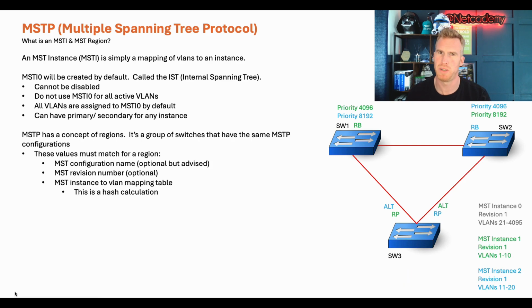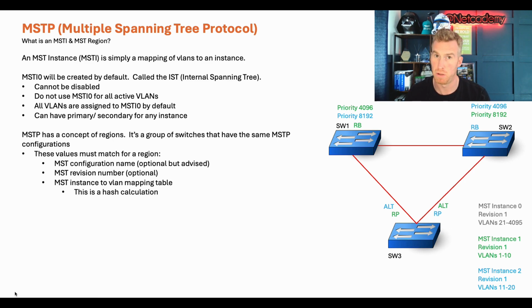But what you also have to understand is that multiple spanning tree has this concept of regions. What is a region? It is simply a group of switches that have the same configuration, i.e. the same configuration of instances.